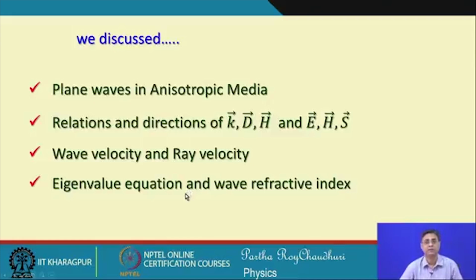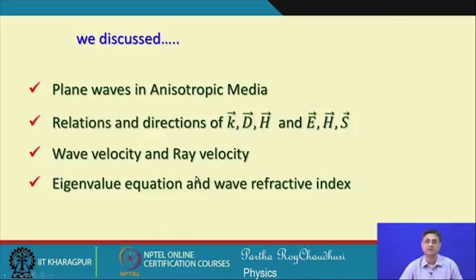If we consider various cases of propagation of electromagnetic waves in different directions, knowing the property of the medium, we can find out the roots of the eigenvalue equation, which will give you the two refractive indices associated with the propagation of the wave along that direction, and the direction of the electric field vectors will be the direction of polarization.